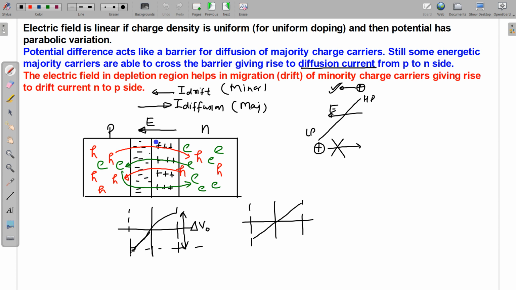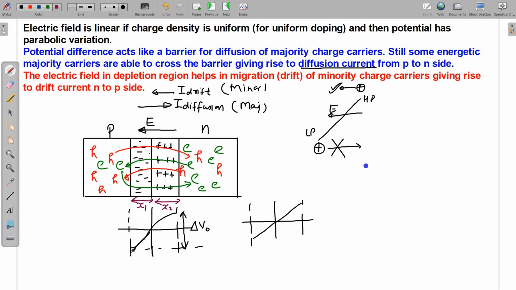In this diagram, I deliberately show the width of this depletion region in a non-uniform fashion. Suppose this width on the P side is x1, measured from the original location of the PN junction, and on the other side it is x2. This x1 and x2 can be equal, or they can be different.